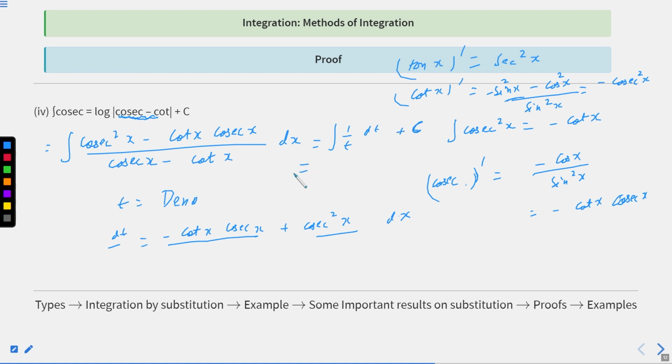So this is log of modulus t, and t is the denominator, cosec x minus cot x, plus some constant. This is the thing you have to show. I hope it is clear to you. What we just did is quite simple and easy.